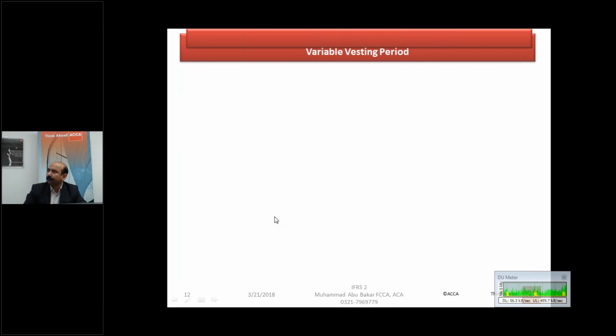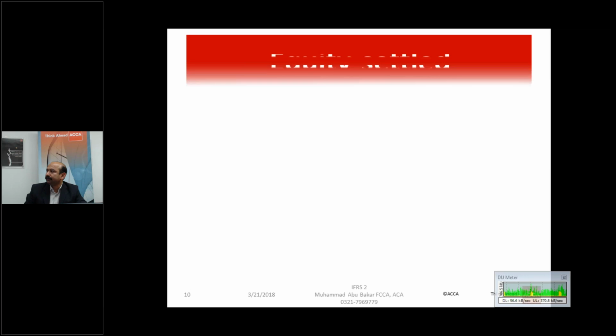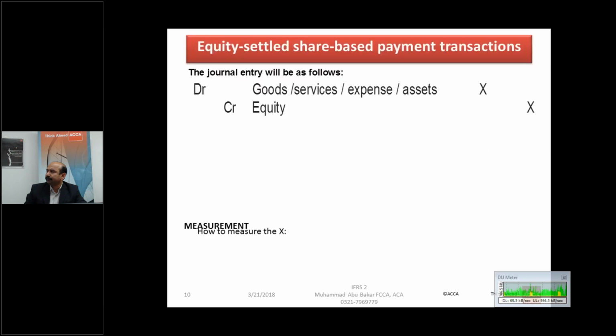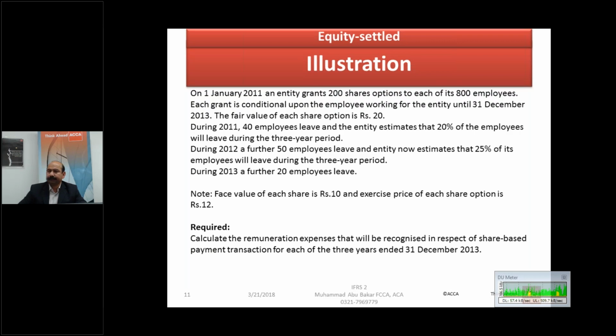Likewise, if we look at our question, let's go back. Here you can see that at the end of 2011, 40 employees actually left, but the entity estimates that 20% will leave in total.